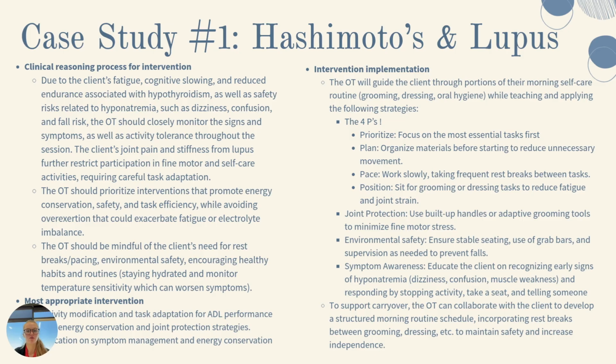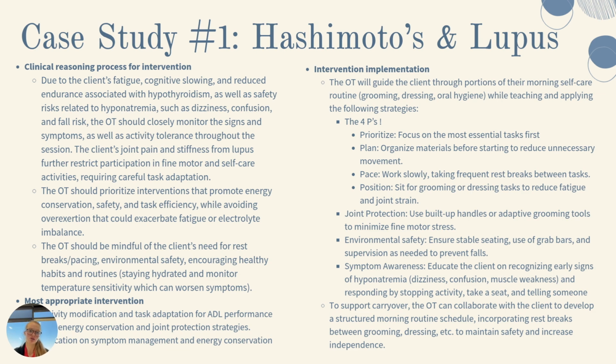The first one, the 4 Ps: prioritize, plan, pace, position. Prioritizing which tasks are the most essential first, so that they have enough energy for the tasks that are absolutely needed. Planning would include setting up your space beforehand, so not having to go back and forth for supplies constantly, which is unnecessary.